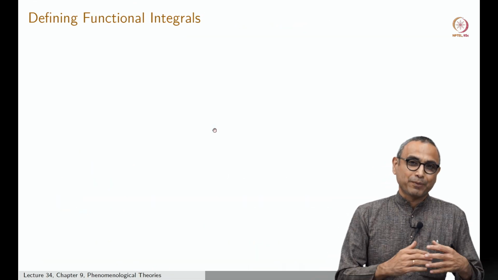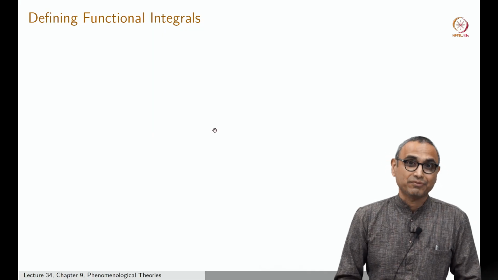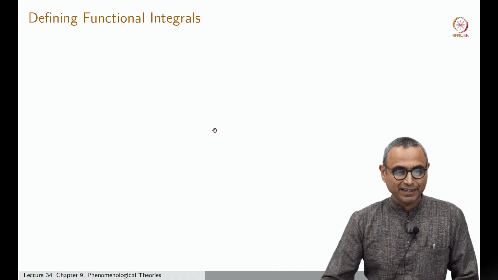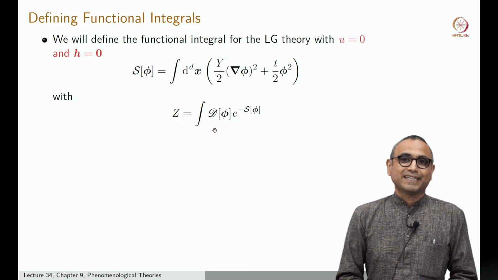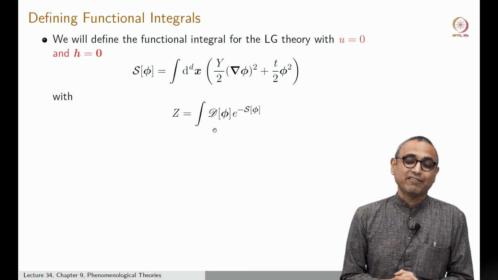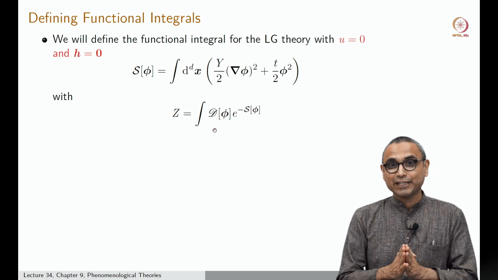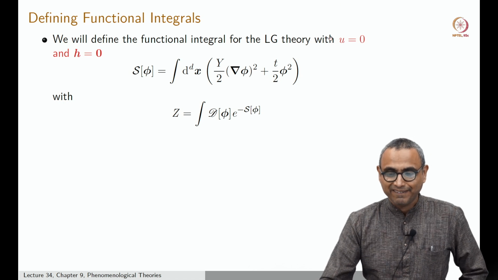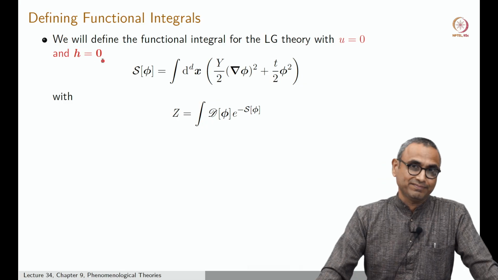Now I have prepared all the required background to define what a functional integral is. So let me go ahead and do that here. It turns out that for us to define the functional integral and evaluate it, it is very useful to start with a special case of the Ginzburg-Landau theory, where u and the external field are both 0.